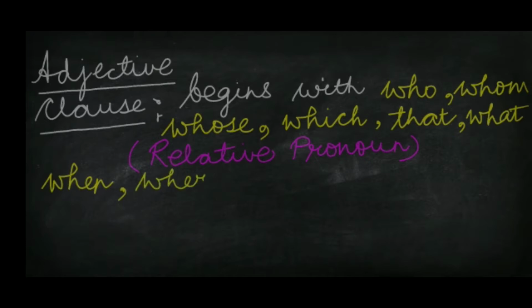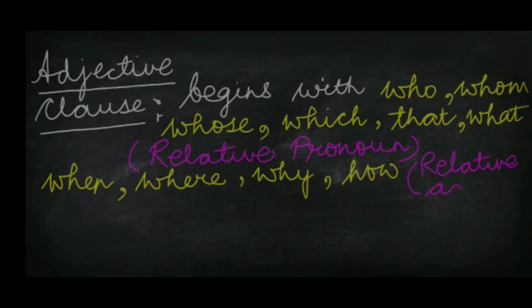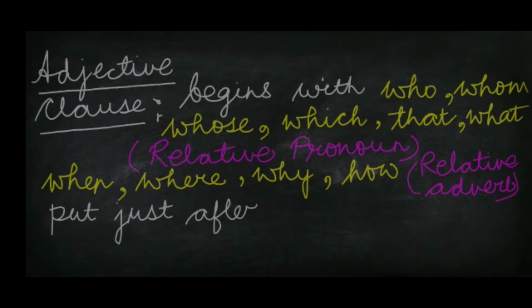An adjective clause also begins with words like when, where, why, or how, and these are relative adverbs. And an adjective clause is put just after the noun or pronoun which it qualifies.